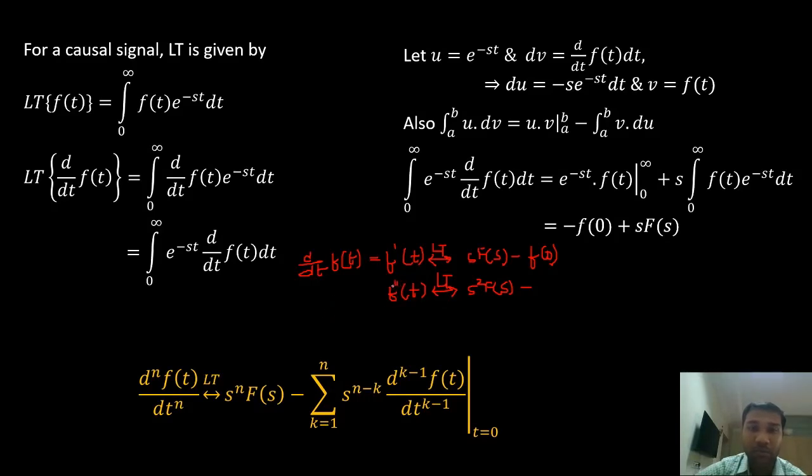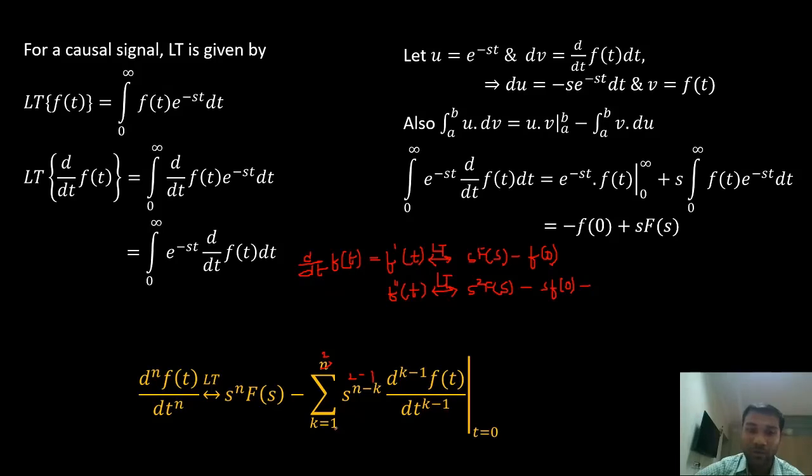When I substitute k equals 1, 2 minus k, that is 2 minus 1, is 1, so s power 1 is s. d power k minus 1, that is 1 minus 1 is 0, so d power 0 by dt power 0 of f of t is nothing but f of t. What is the value of t? t is 0. So k equals 1 is over.